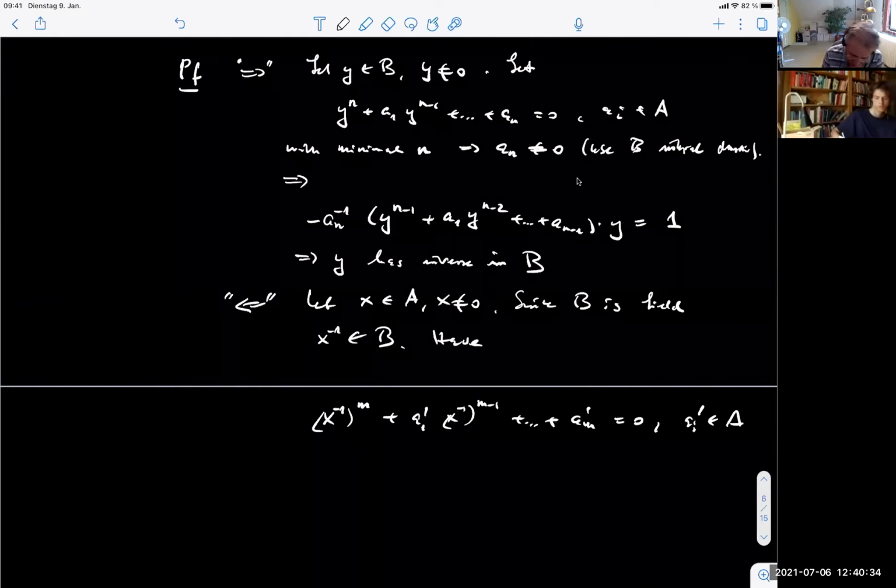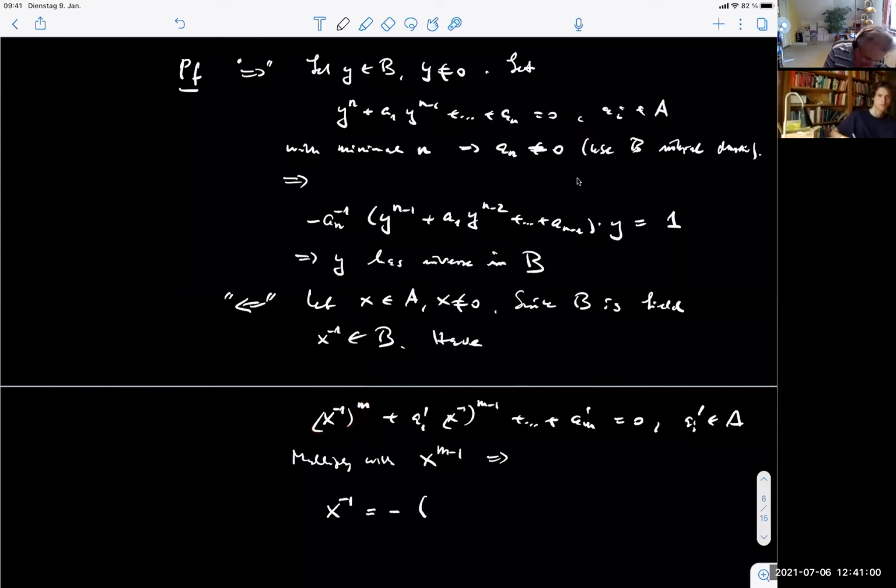Okay, so now I multiply with x^{m-1}. Then what is nice is that this first contribution becomes x^{-1}. The other stuff, after multiplying, I put on the other side.